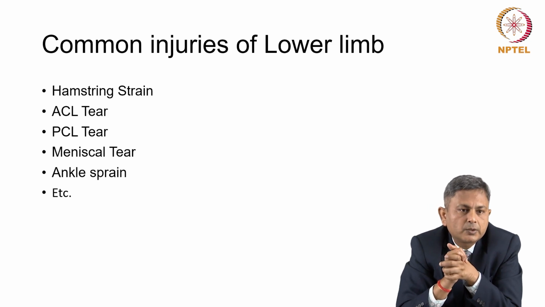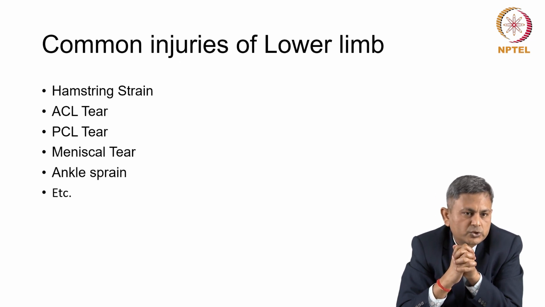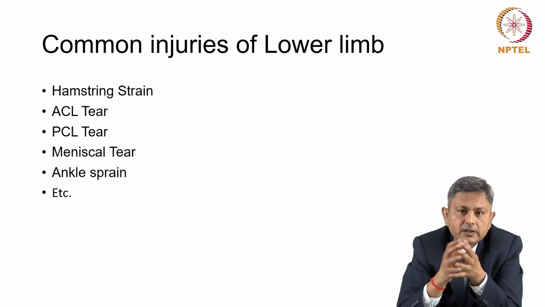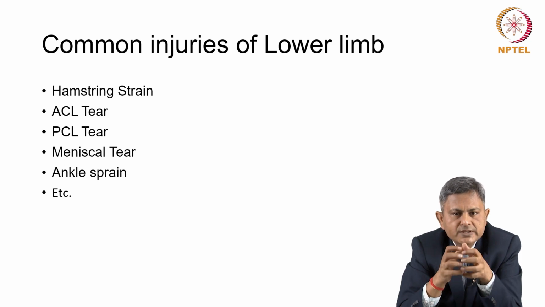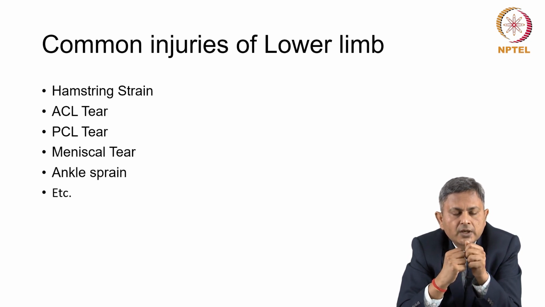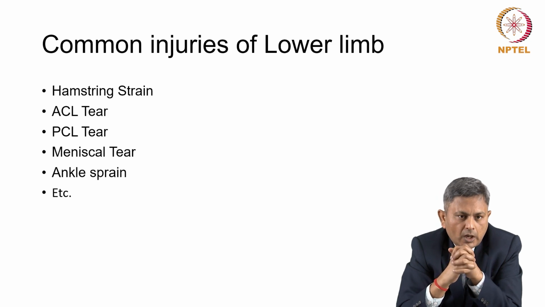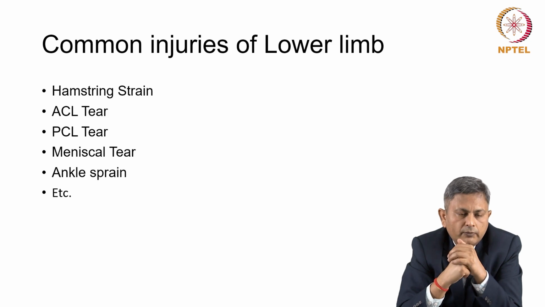Then comes the lower limb injury: ACL tear, anterior cruciate ligament, posterior cruciate ligament, and meniscal tear. All three are part of our knee. Menisci are the cushions of the knee joint, and the anterior and posterior cruciate ligaments hold the knee joint and protect the knee from swaying out of its usual position.